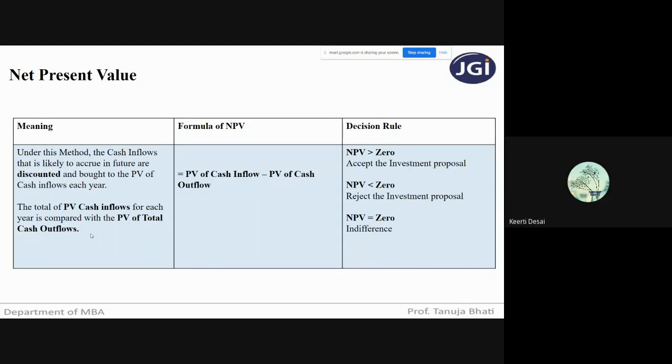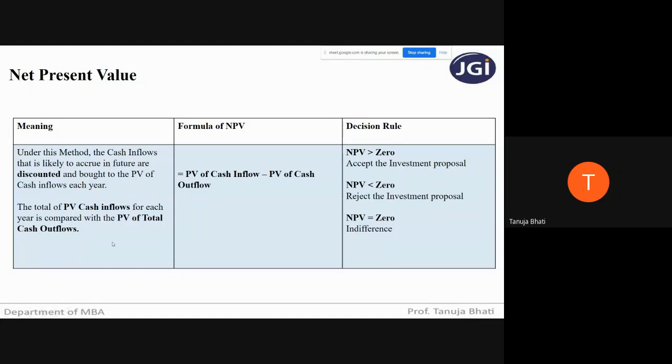Outflow is your expense, inflow is your returns. If your expense is more than your income, should you go for that particular investment? No, ma'am. Correct. So you will go for investing in a particular proposal when your inflow is more than your outflow, inflow meaning your returns are more than whatever you have invested.